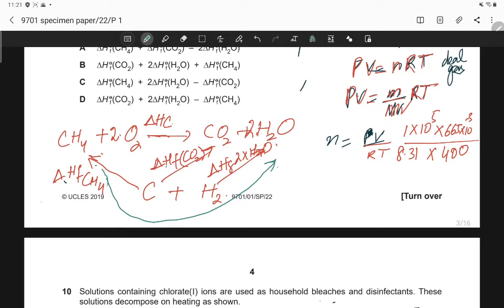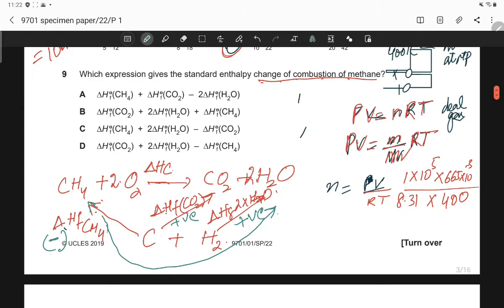Along the delta HF arrow, the sign will be reversed when we move against the arrow. So this is opposite: it can be a negative value. Delta HC of CH4 will be negative. Delta HF of carbon dioxide is positive.